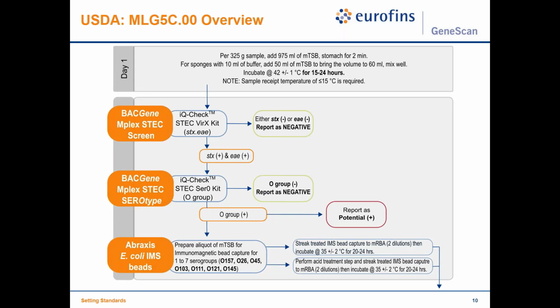Now, if we look at the reference methods, I wanted to look only at the MLG, so the US methods. Some of you are probably familiar with it. The ISO method, which is more relevant for Europe, is very similar to it. So we have the enrichment. In this case, it's in mTSB, of your food product, then you do a first screen.